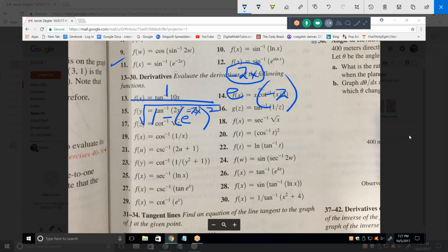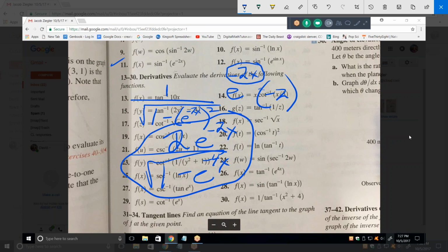So no matter what, you always take the inside. But with just x, there's no second inside, if it's just e to the x. Yeah, okay. So our final answer looks like 1 over square root of 1 minus e to the minus 4x times 2e to the minus 2x. And there's no simplifying that. Only thing to remember is that all of these look like they have multiple insides.